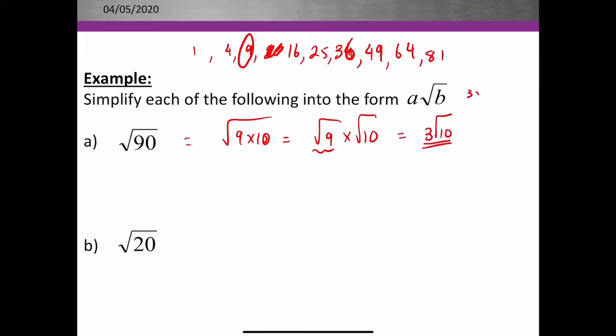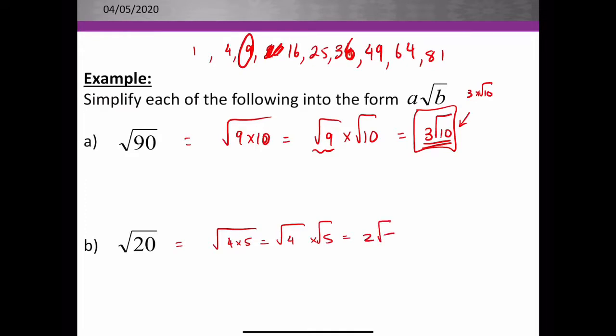Square root 20 would be simply, the biggest possible square number that goes into 20 is the number 4. So square root 4 times square root 5, which is 2 root 5.